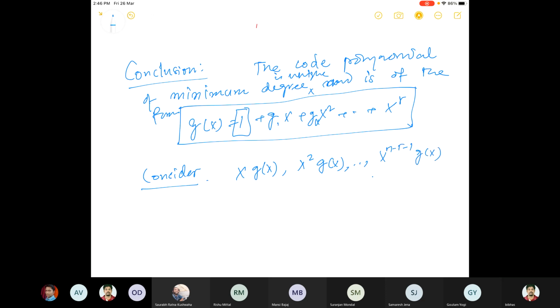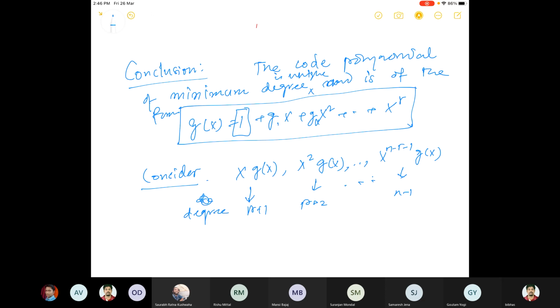What are the degrees of these polynomials? g(x) has degree r, so x times g(x) has degree r plus 1, the next will be r plus 2, and the last will be n minus 1. So we are constructing new polynomials.